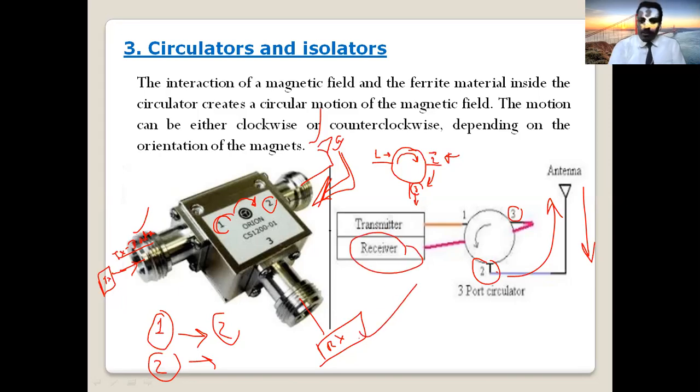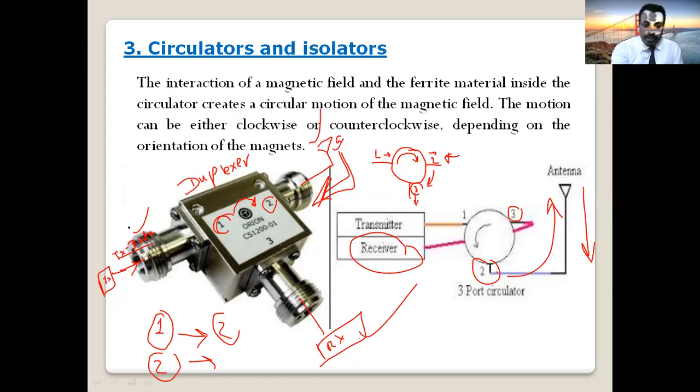So look here, this circulator is used as a duplexer. We are using it as what? A duplexer. Duplex communication means you can transmit and receive simultaneously without any interference.